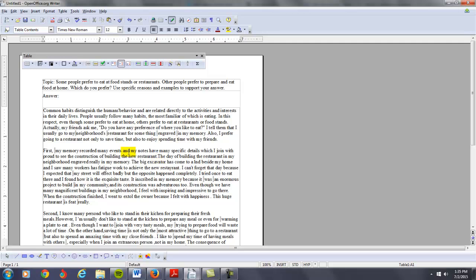So it looks like you're saying that you like just the thought of the construction of a magnificent building for a restaurant is something that you like, right? So you're saying that you have something engraved in your memory. We have to do something with this, make this a little more clearly stated here.